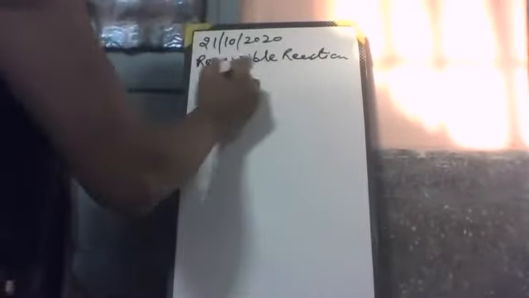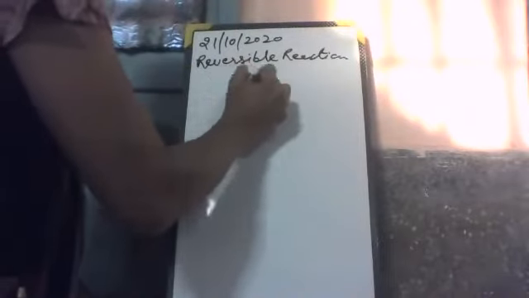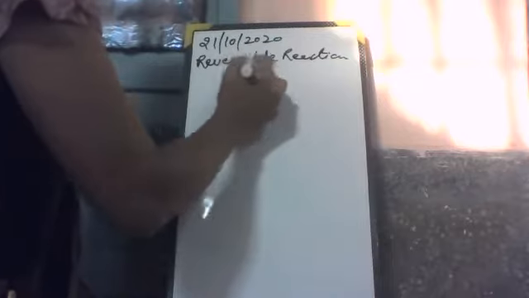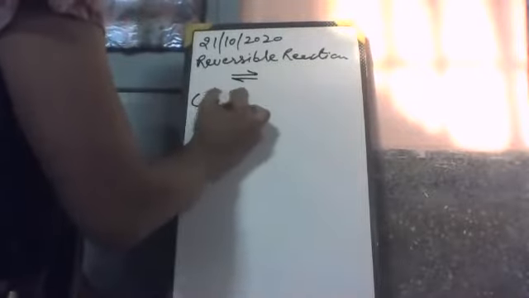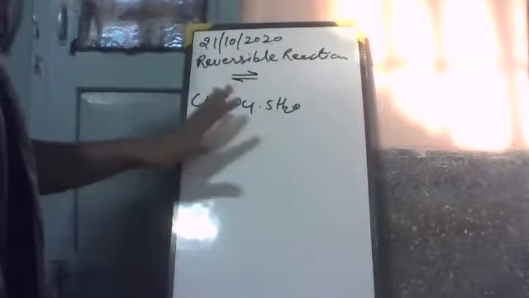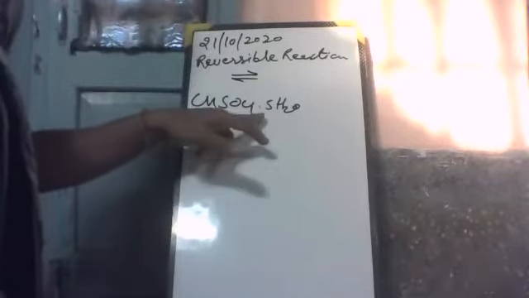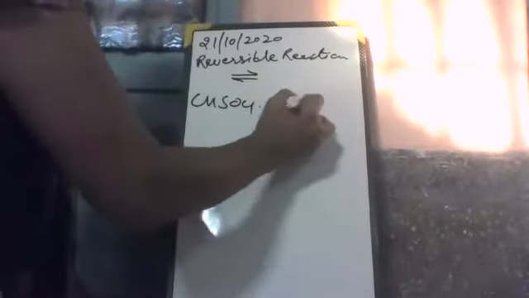The direction of a reversible reaction is indicated by this arrow, the arrow of reversible reactions. Here, CuSO4.5H2O is pentahydrate copper sulfate. The crystal of copper sulfate is with 5 molecules of water.